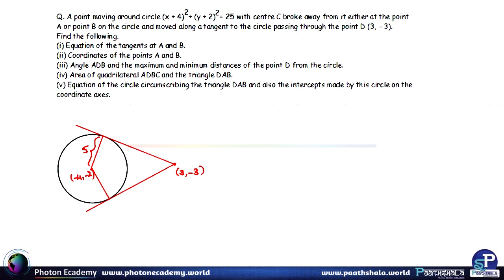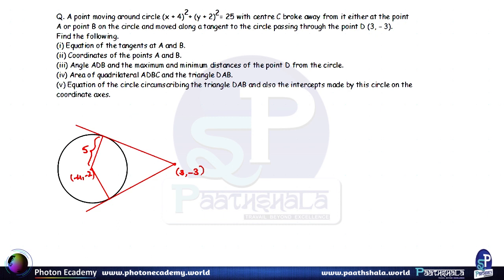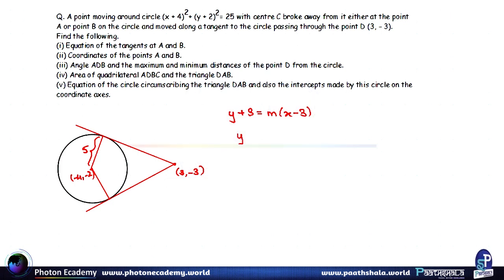Okay, fine. So let's just write the equations in the form of slope m. So y plus 3 is equal to m into (x minus 3). So this will become mx minus y minus 3m minus 3 is equal to 0.